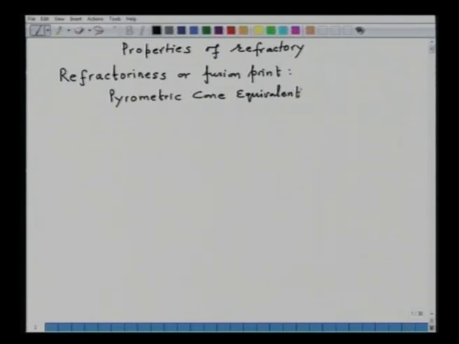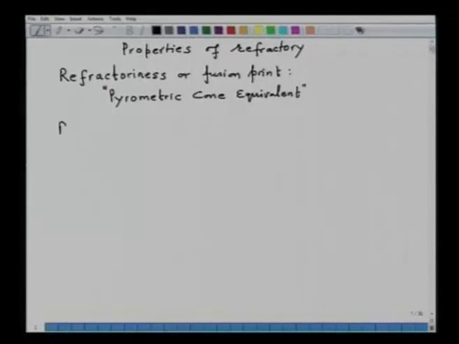That is, out of the refractory material of which you want to determine the refractoriness, a cone of certain standard dimension is prepared, it is heated, and the point at which it begins to fuse, that cone is taken out, it is compared with the standard cones, and from there the fusion point of the refractory is determined.